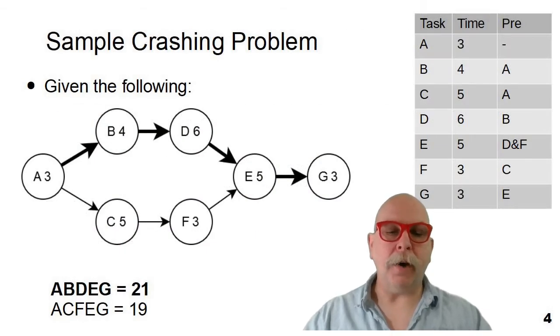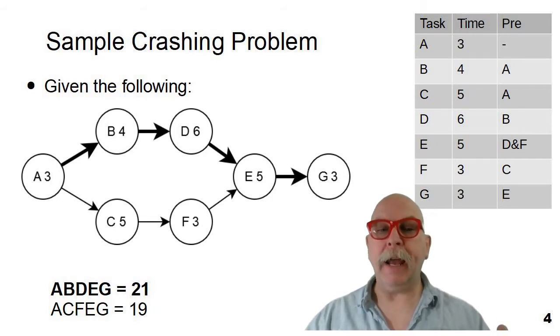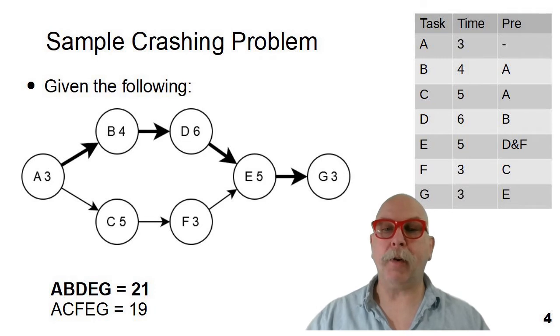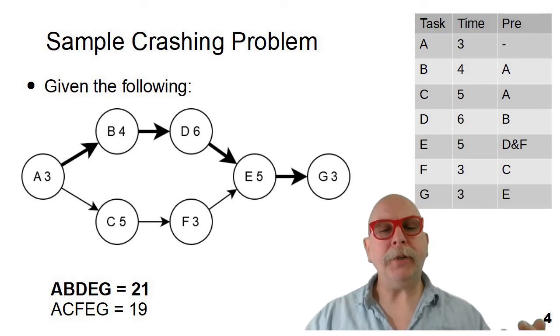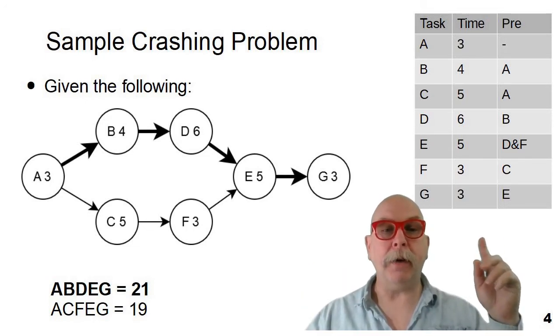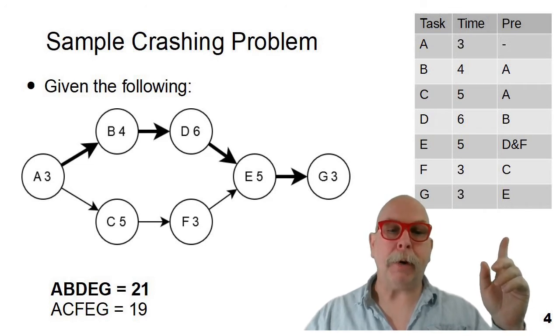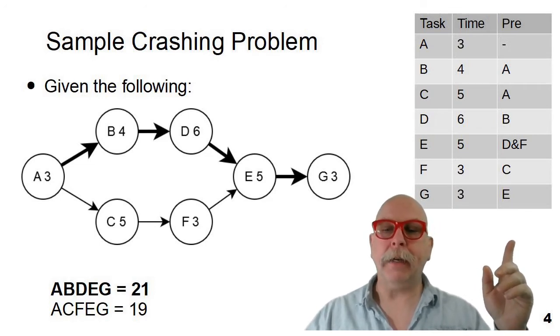So I'd like to now go through a simple crashing problem, starting at the beginning and going through the idea of crashing a problem. So I'm going to start by laying out an activity on node network diagram. Here's the project with the task, the time duration, and the prerequisites or predecessor tasks.